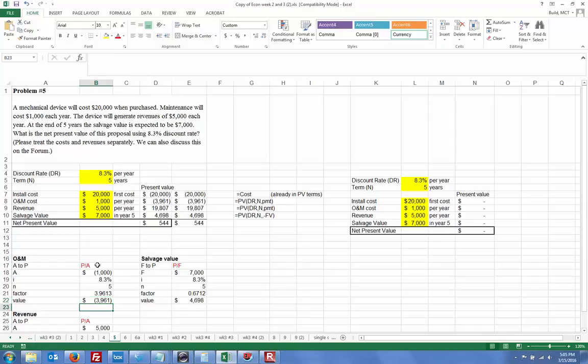So this is a PA calculation. And it's negative because it's operations and maintenance.